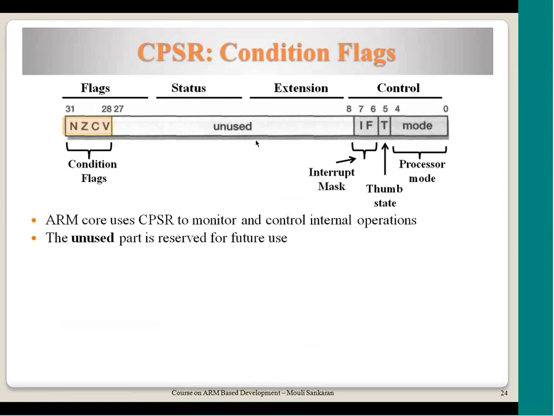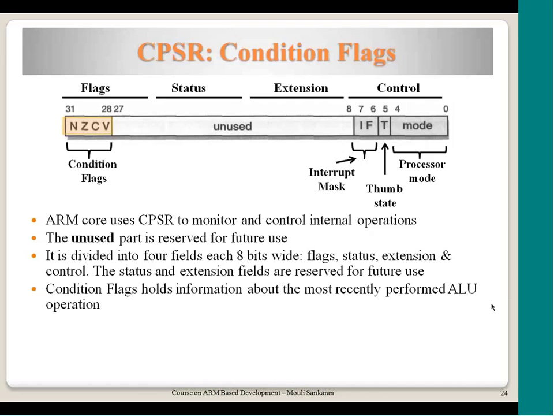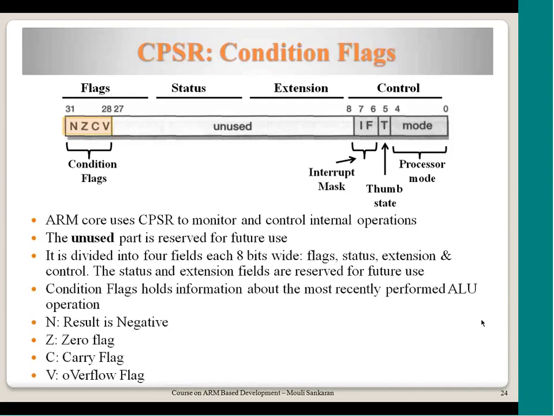Normally in any processor, some bits are reserved for future use, so that the processor can be extended with the next family of ISA, and new instructions and new conditions can be added. So these bits are left unused. They are divided into 4 classes. The condition flags are mapped onto these bits: negative, zero, carry, and overflow. As you know, the overflow flag is for signed arithmetic.